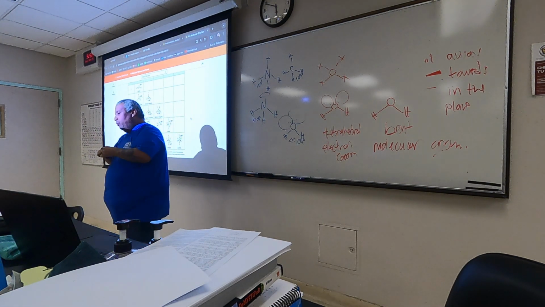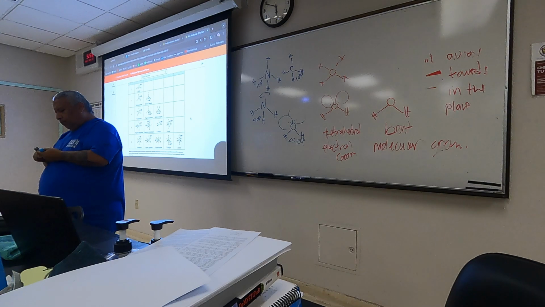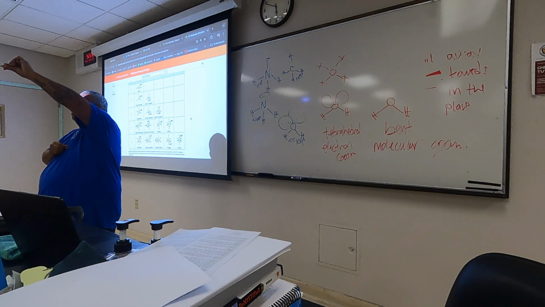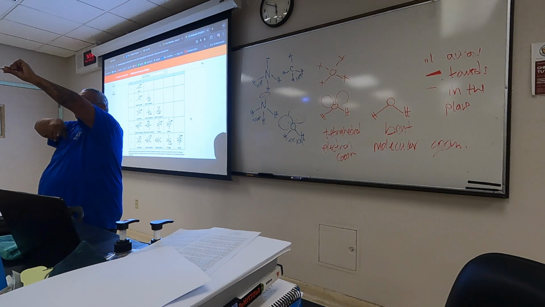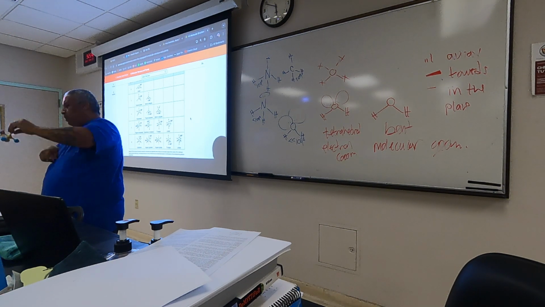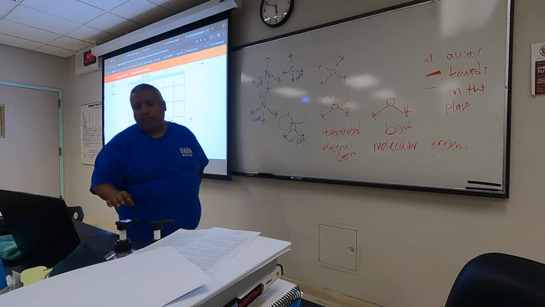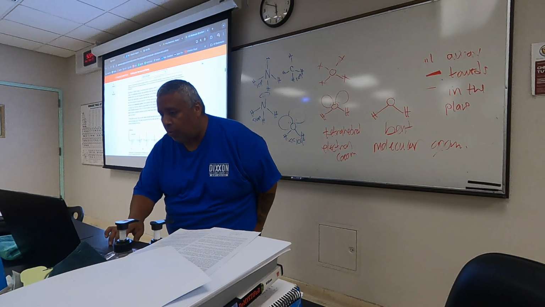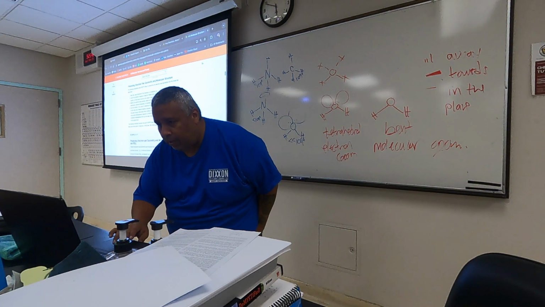If I shuffle these around, now they're in the equatorial position, these lone pairs of electrons that we see there. So we can just simply move those around, but this is going to be a useful chart because you do need to know those shapes.